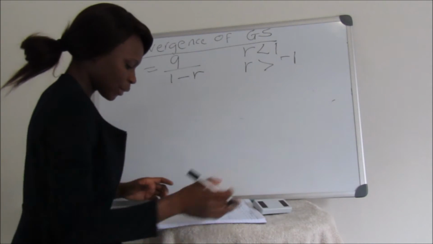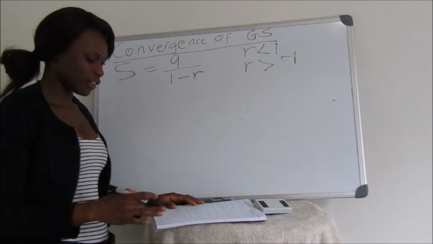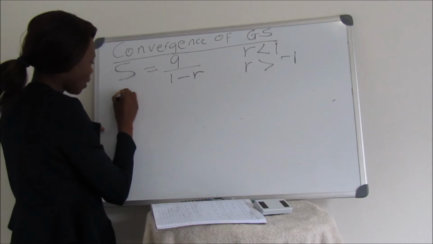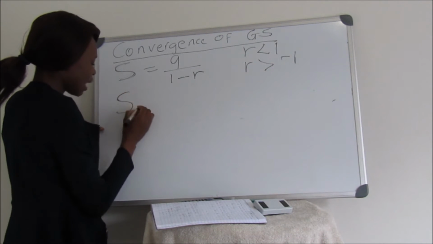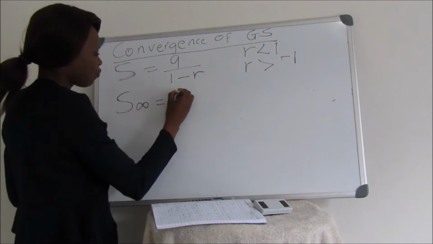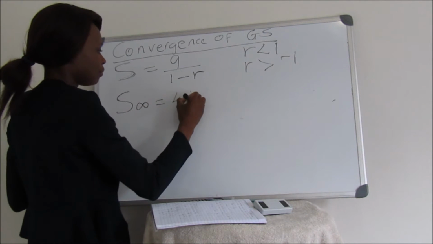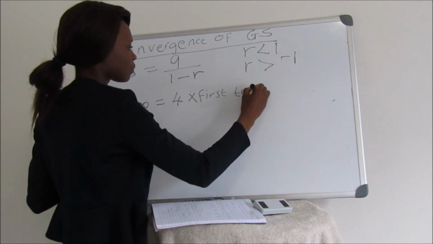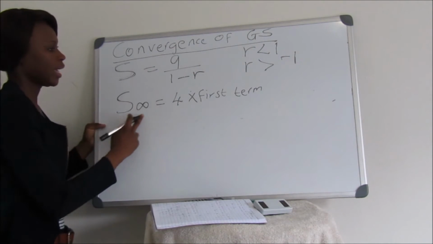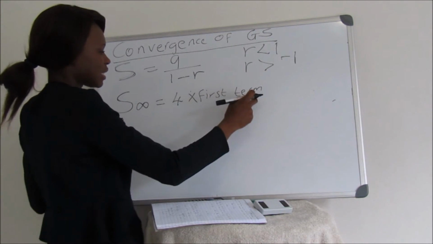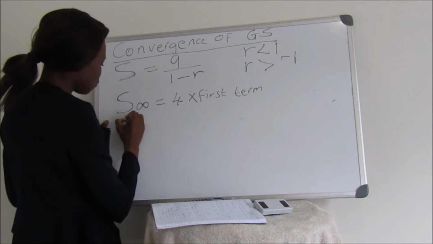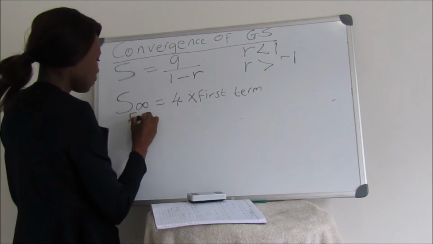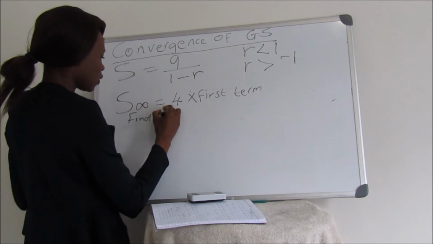Another example says that we must find the common ratio of a geometric sequence, where our sum of infinity is equal to 4 times our first term. We must find R.